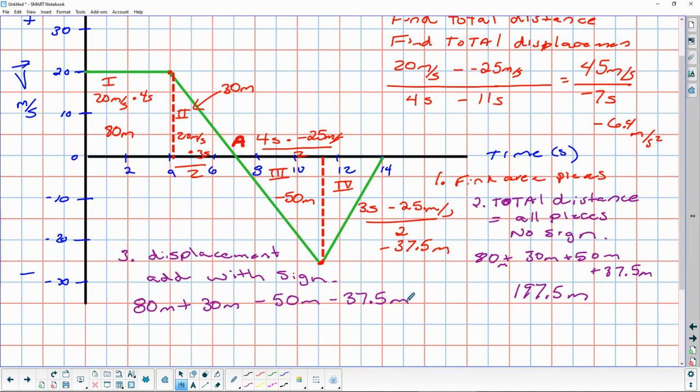So that's going to tell us, did he end up behind the line or where he was or ahead of the line? So we go 80 plus 30 minus 50 minus 37.5. And we find out that he's 22.5 meters forward.